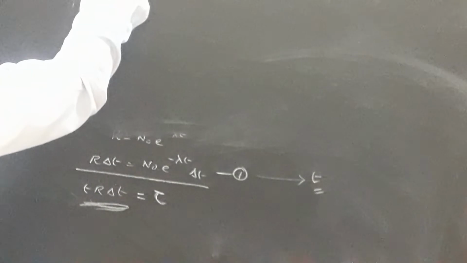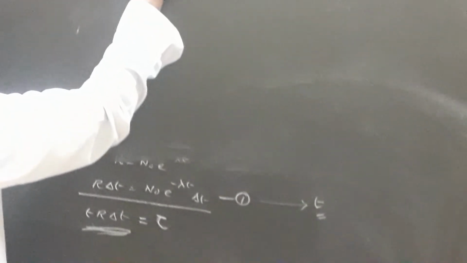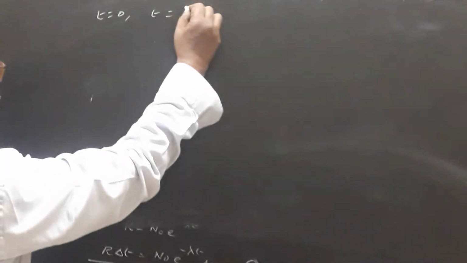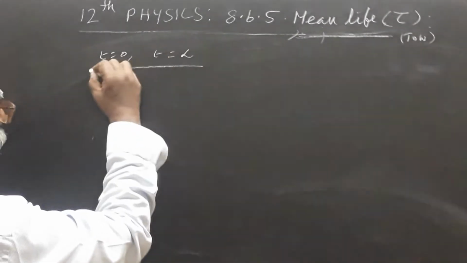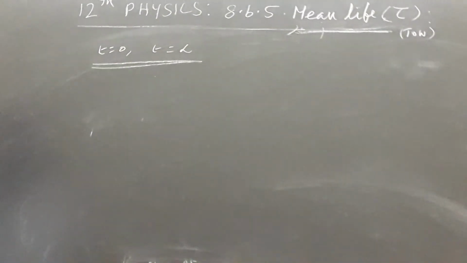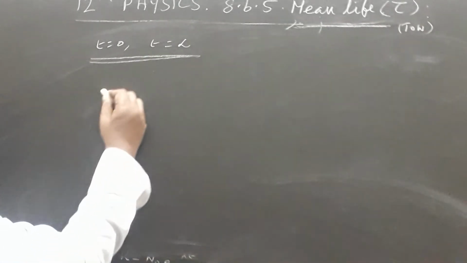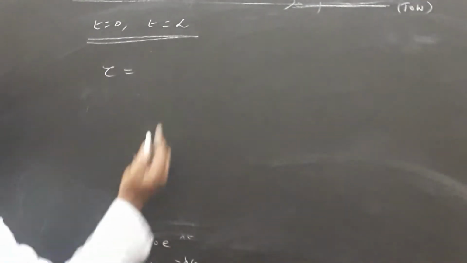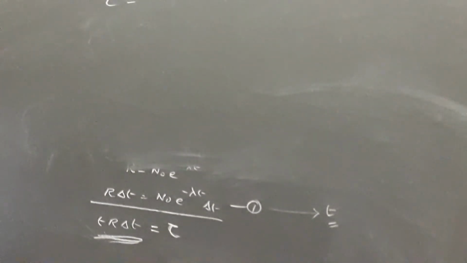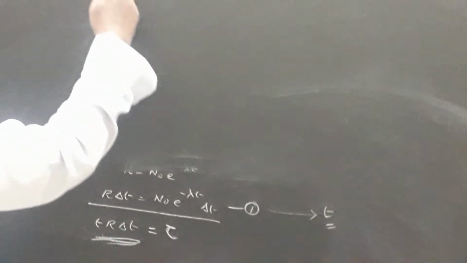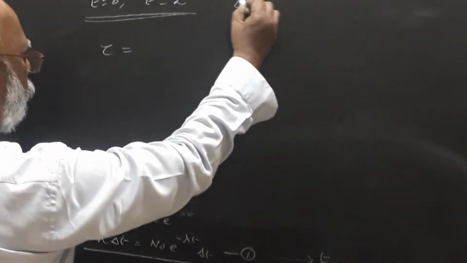When t equals 0 to t equals infinity, within this time duration, the decaying time period is called tau. Then you have to integrate this value, to the limit of delta t tends to 0.